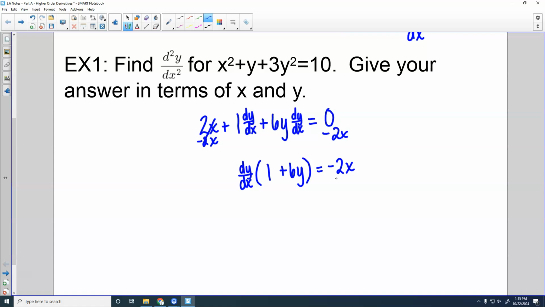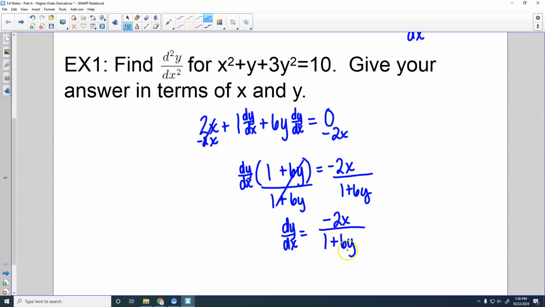Okay, and then Solana, what's the last thing we'd have to do here? You divide by the 1 plus 6y. Very good. Okay, so we've got dy dx equals negative 2x over 1 plus 6y.